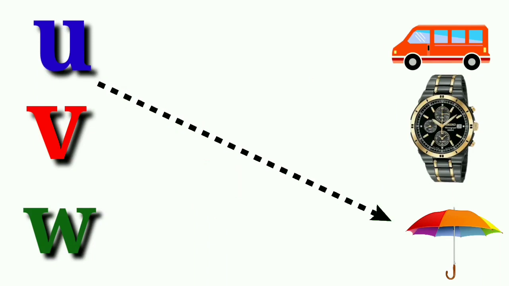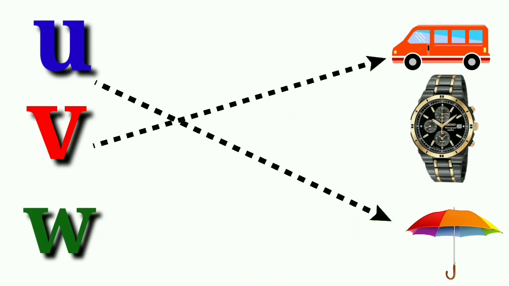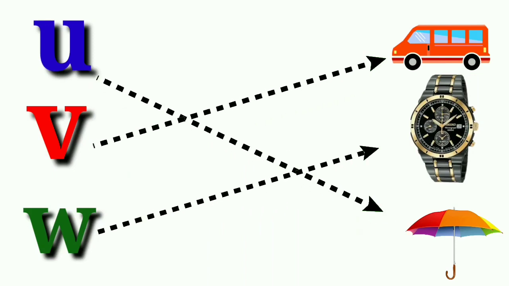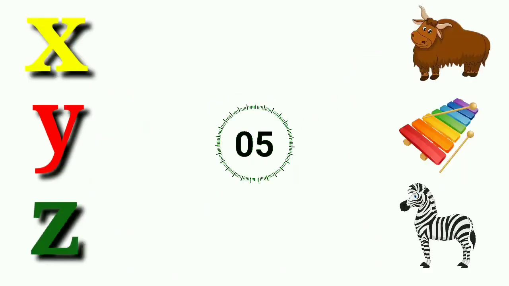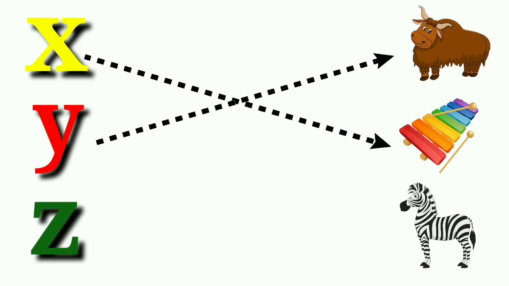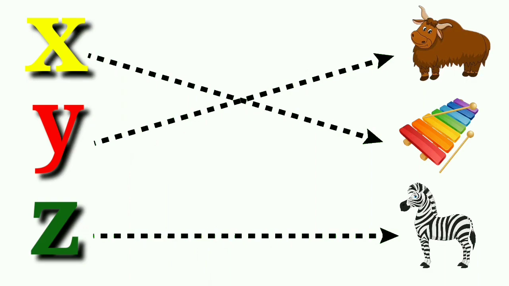U for umbrella. V for fan. W for what? X for xylophone. Y for yak. Z for zebra.